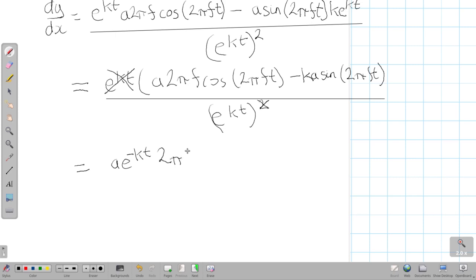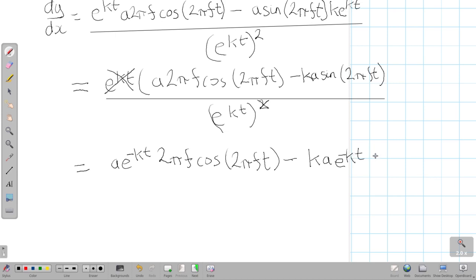2 pi cosine 2 pi ft, close bracket, minus, and then this time we've got k, expand that a bit, ka, brought this bottom term up to the top, minus sign, don't forget the minus sign.